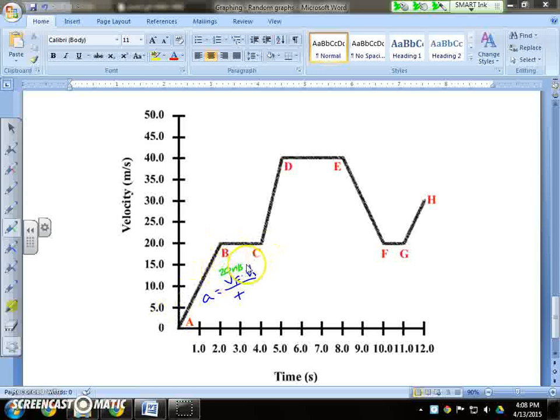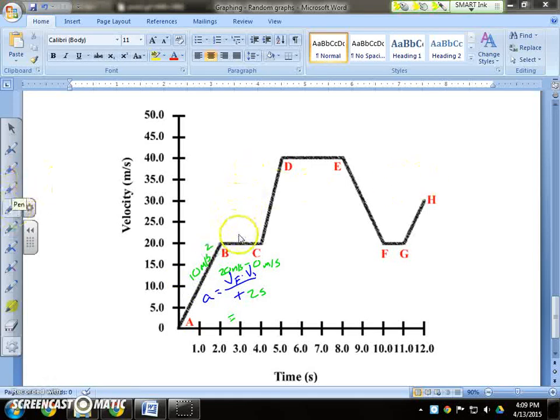I know the VI was 0 meters per second, and the time was 2 seconds. So this really gave us 20 meters per second over 2 seconds. Your slope in this case is going to be 10 meters per second squared, which is pretty hefty acceleration.